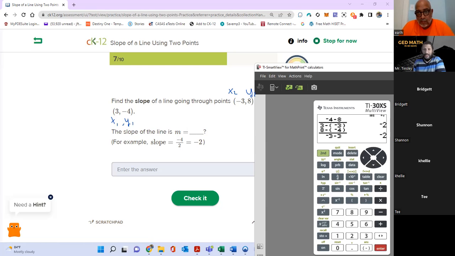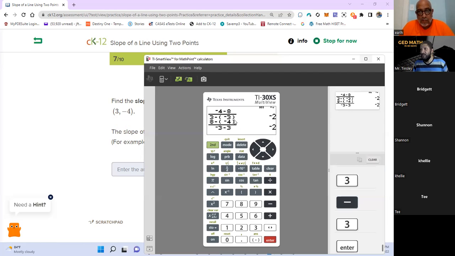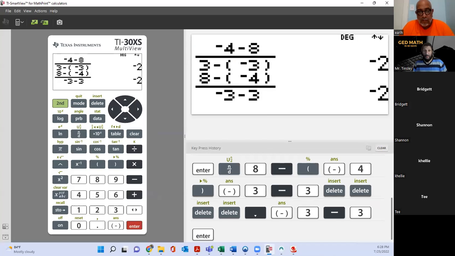Did I still get the same exact answer? It doesn't matter which point you call the first point and what you call the second point, as long as you stay consistent. Okay, so this is what you do, and this is the formula that you use to figure out the slope from 2 points. It's guaranteed on your exam. You will have a problem where you have to find the slope from 2 points.